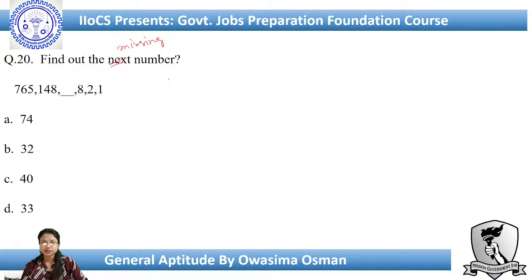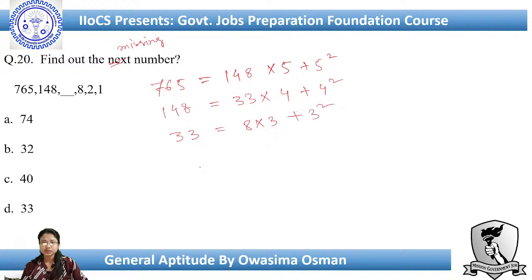For that series, we can follow this pattern: 765 equals 148 into 5 plus 5 square. 148 equals 33 into 4 plus 4 square. 33 equals 8 into 3 plus 3 square. 2 equals 1 into 1 plus 1 square.